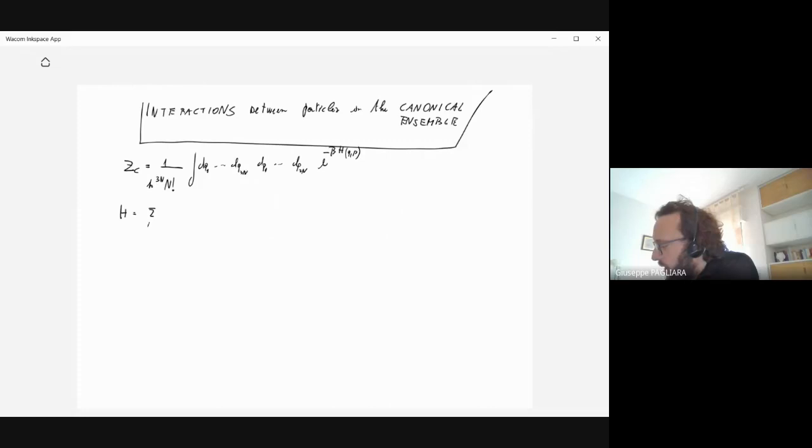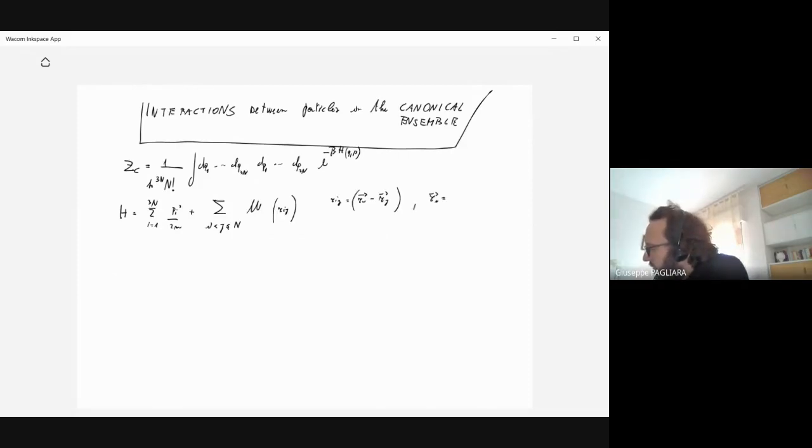The Hamiltonian will be the sum from i to 3n of pi squared divided by 2m, which is the kinetic term, plus, and here we have the interaction now, the sum over i less than j less or equal than n of a certain function u, which is a function of rij, where rij is the difference in coordinates between the position of particle i and the position of particle j, where ri, the three-vector r, corresponds to the three numbers qix, qiy, and qiz.